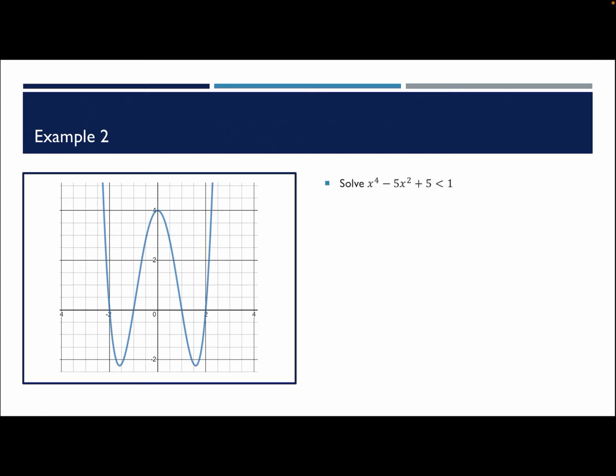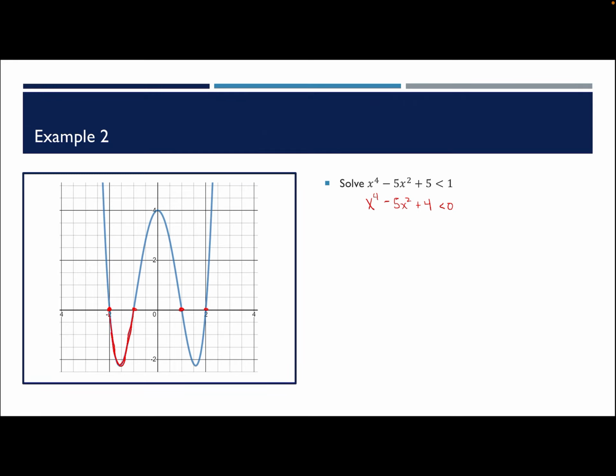The next example we have is x to the 4th minus 5x squared plus 5 is less than 1. So first, you have to make sure 0 is on one side. So that's the same as x to the 4th minus 5x squared plus 4 is less than 0. So identify our zeros. That's going to be negative 2, negative 1, positive 1, and 2. And below the x-axis is going to mean negative.